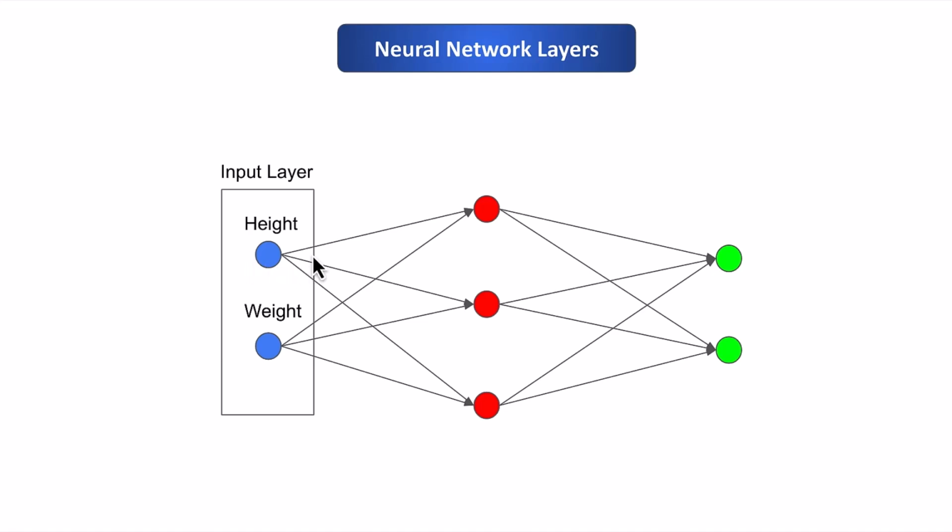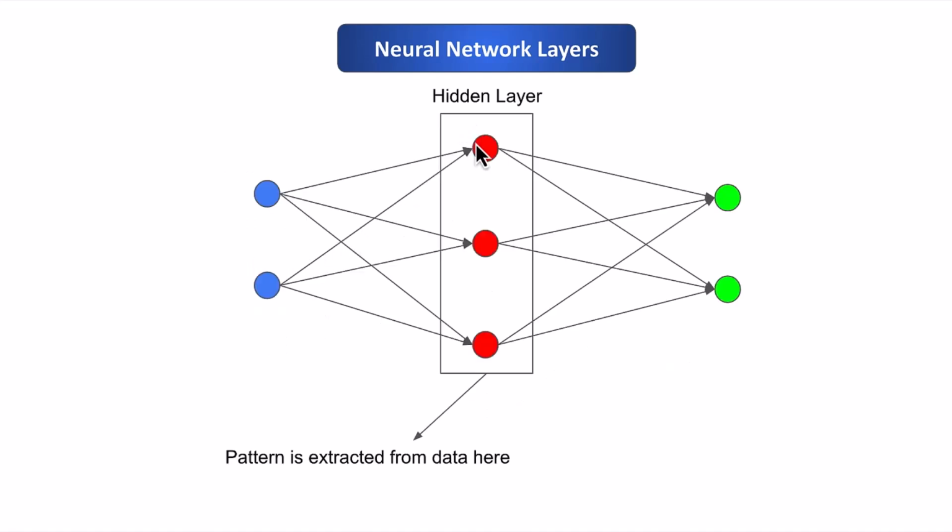After that, the second type of layer is called the hidden layer, and it is represented here with red circles. The layer after the input layer is called the hidden layer, and the pattern from data is extracted here. As I have repeated multiple times, machine learning is all about pattern finding. So in deep learning, our ultimate goal is to find pattern in the data on which our model is being trained.